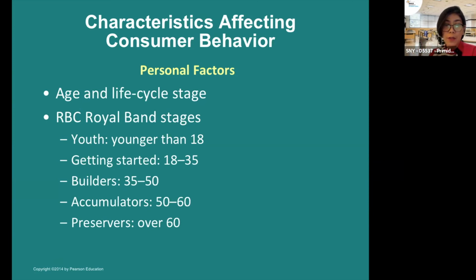Not to mention from 12 to 19, from 6 to 10, or from 7 to 10, the preferences can evolve. From a Little Pony to Roblox, and so on. So again, age and life cycle will affect your behavior as consumers and your choice or preferences for products.